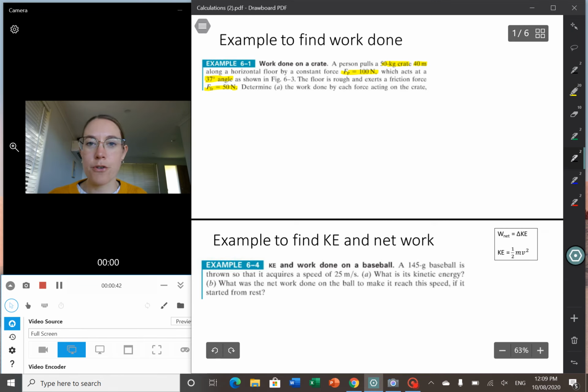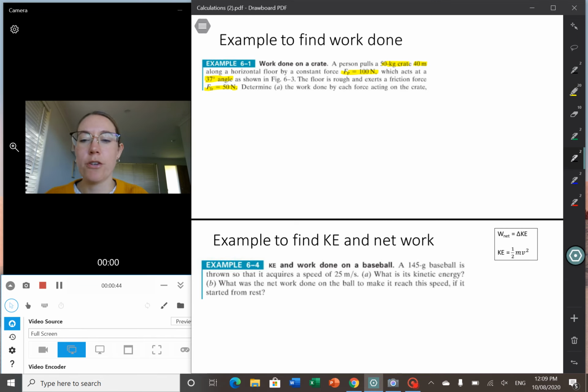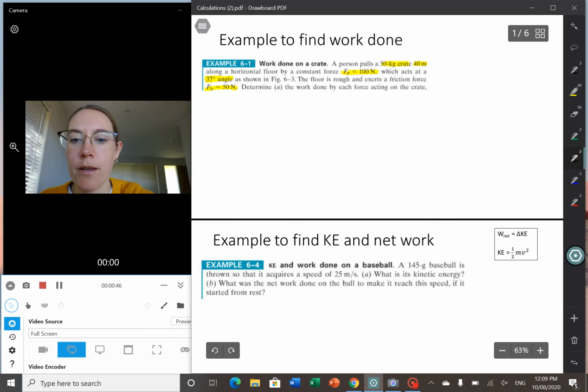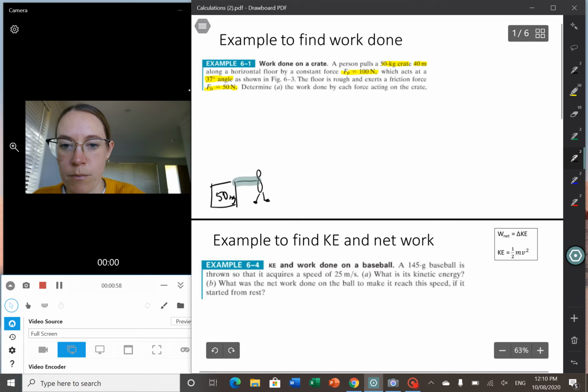The first thing I'm going to do is draw a diagram of the scenario just to visualize what's actually happening. So I've got my 50 kilo crate being dragged by a person. I'll give that a bit more of an angle. I'll make them a taller person. There we go.